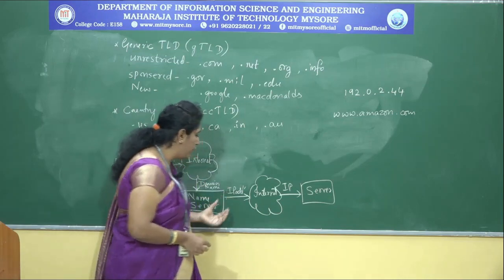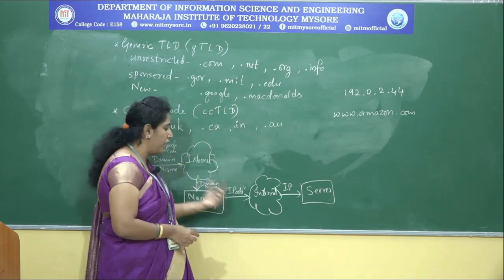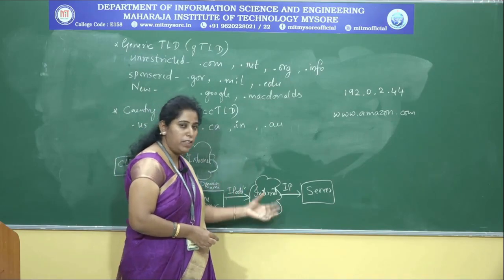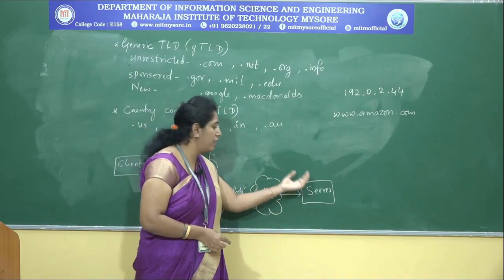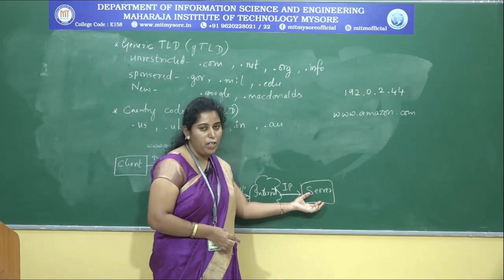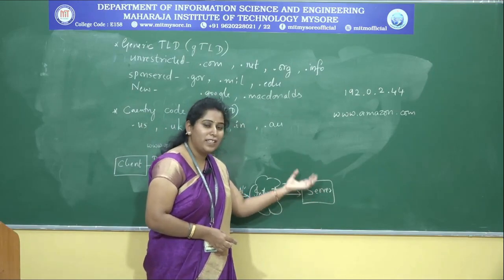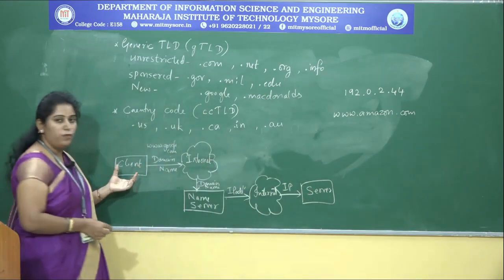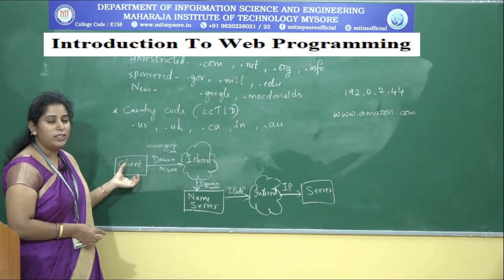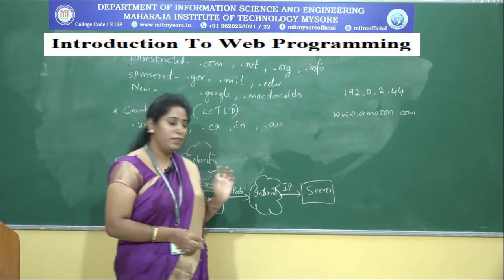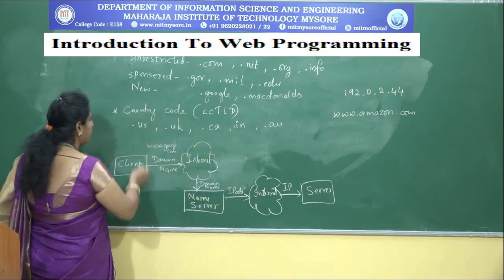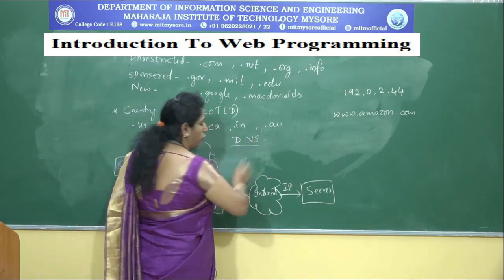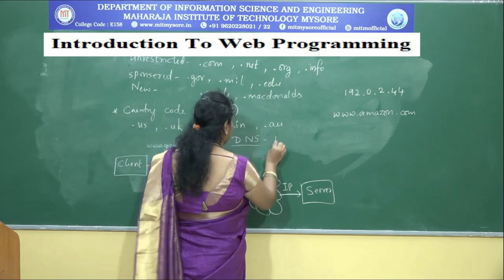Finally, the name server converts the domain name into an IP address, and that IP address is transmitted over the internet and received by the server. Then the server provides a response to the client. This entire architecture we call DNS, which stands for domain name system.